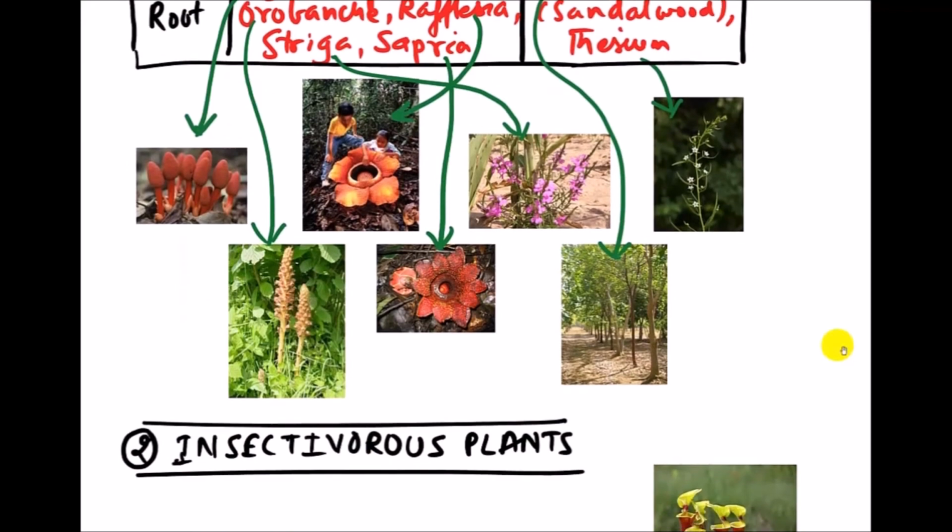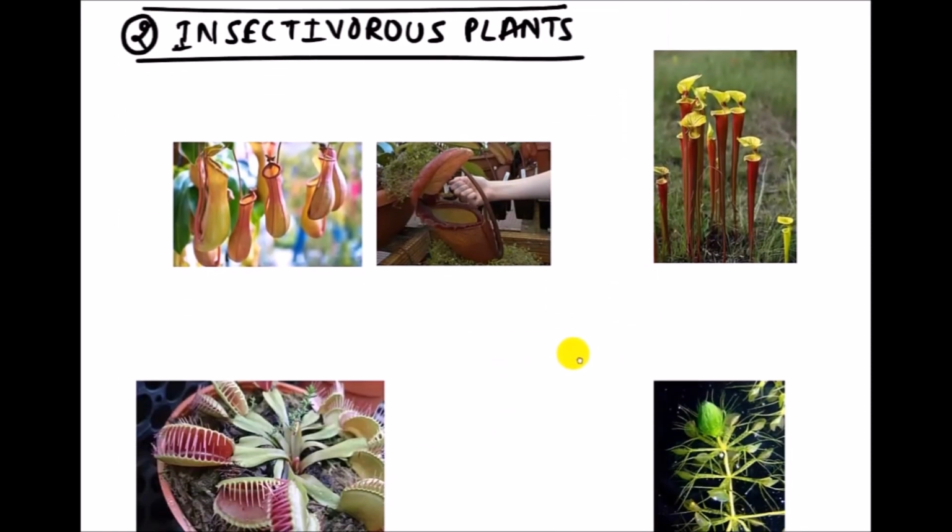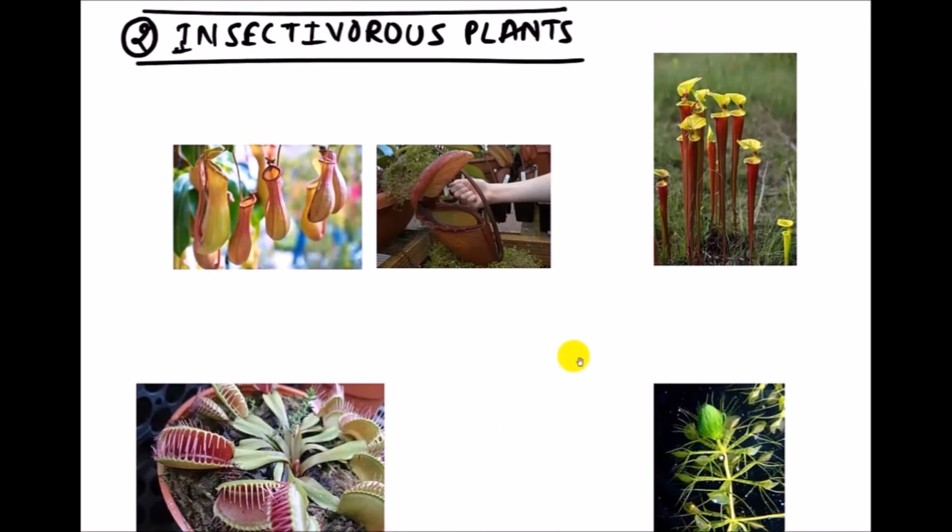The next group of heterotrophic plants includes insectivorous plants. Such plants usually grow in nitrogen-deficient soil and compensate for the nitrogen deficiency by capturing small animals like insects. Most common examples are Nepenthes.